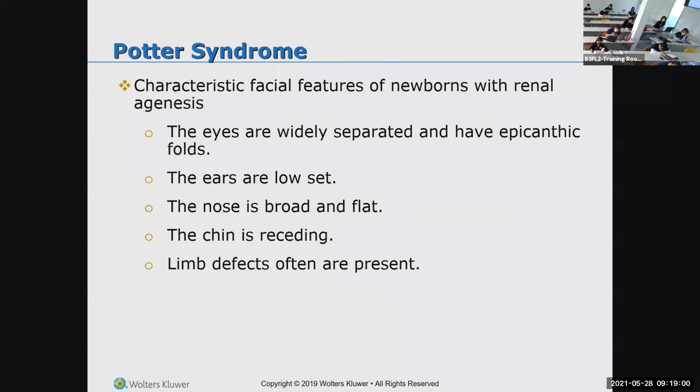I just mentioned the Potter syndrome. This is the one. Please make a star and remember, these Potter syndrome babies have characteristic facial features, and the cause is renal agenesis.